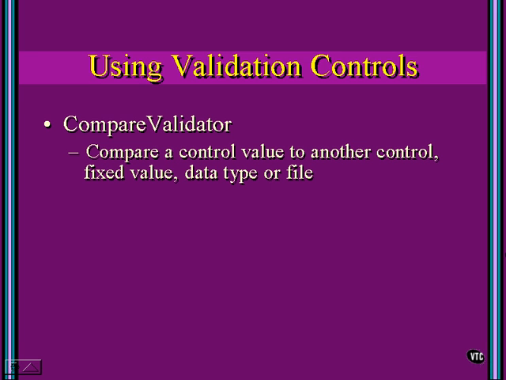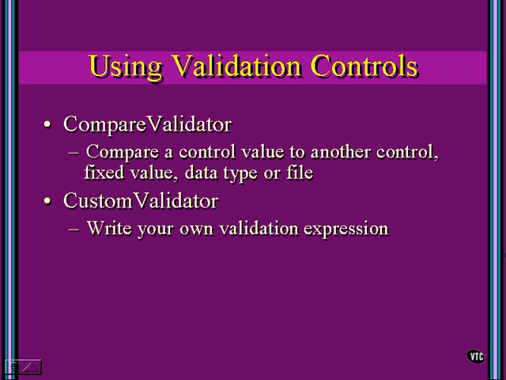We can compare to a fixed value, a data type, which is huge because sometimes we're not sure exactly about a quantity that a customer may want to order. But we do know that it needs to be an integer data type, that they can't put string data in our form, so that we can check those, or even a file. We can use these. A good example is for passwords, password lookups, and so forth.